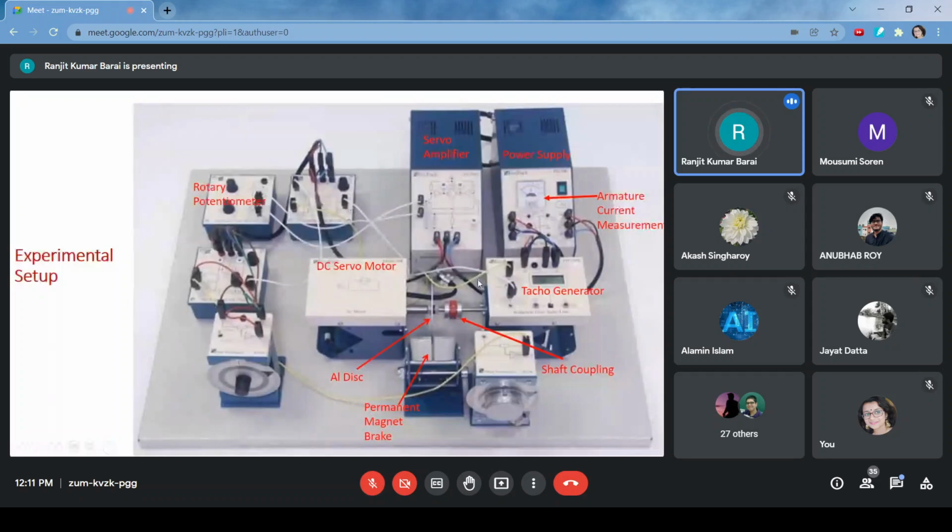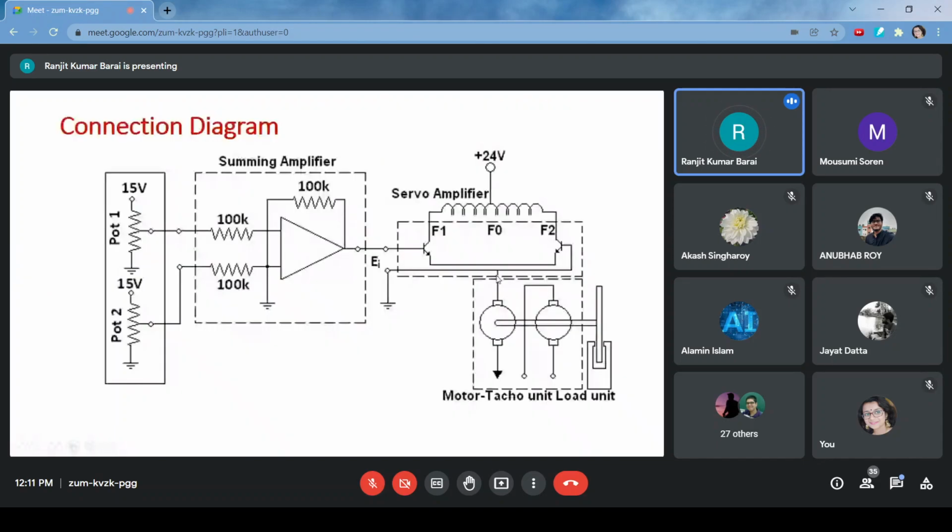So this is connected, this side also ground, this side also ground. That is not the case. There is a jumper over here, and this is connected between this point and this point. So this is actually the eddy current brake unit, and this is the tacho generator, and the field coils are no more there.